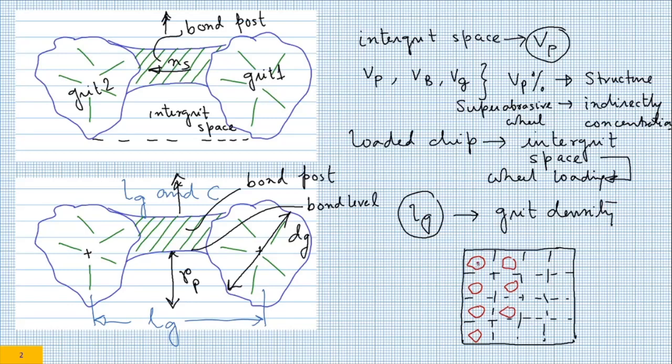How much is the distance between these two? Distance between these two is LG. So how many grids should be there per linear millimeter? 1 upon LG. So how much would be C? C would be 1 upon LG square. So LG is nothing but root over 1 upon C.